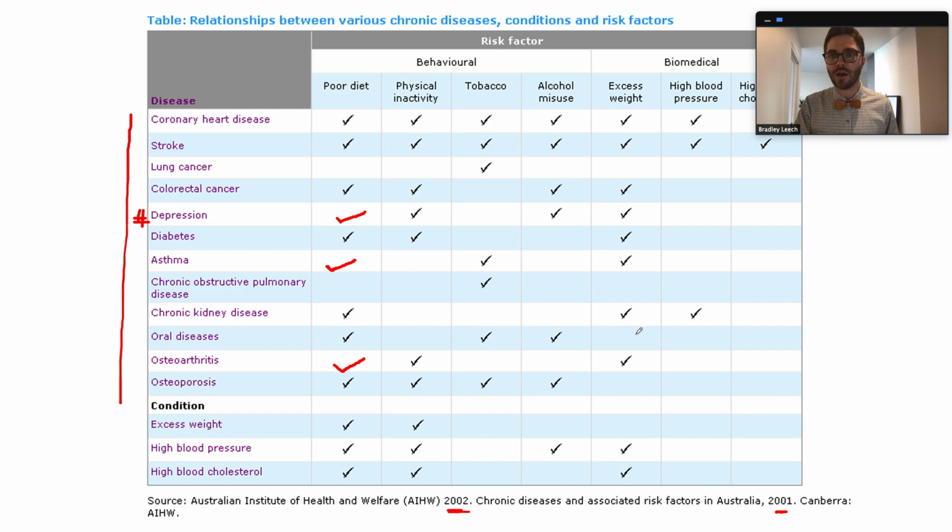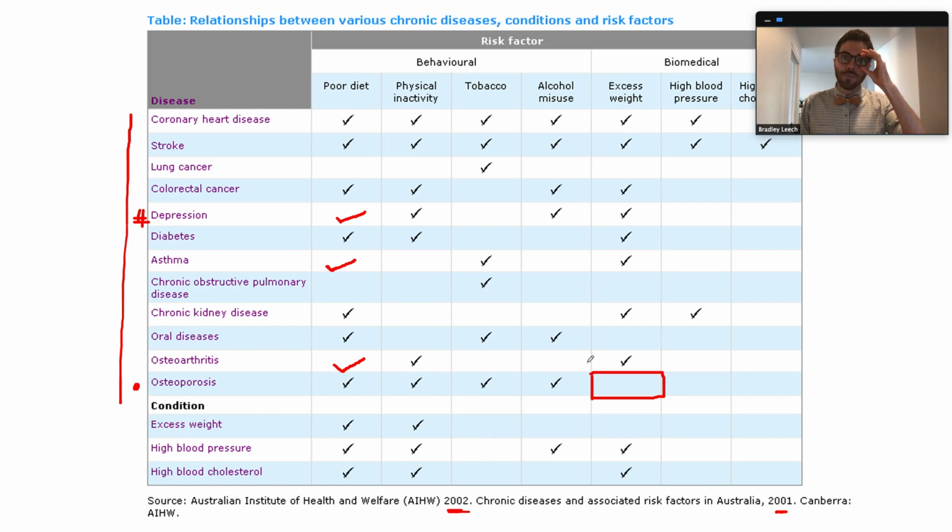One element that I'd like to point out here is osteoporosis. Now, you would think excessive weight would be a contributing factor to osteoporosis. However, it's not. That's because individuals who are heavier, especially in those earlier years in life, have more pressure on the bones, and thereby the bones are actually stronger.